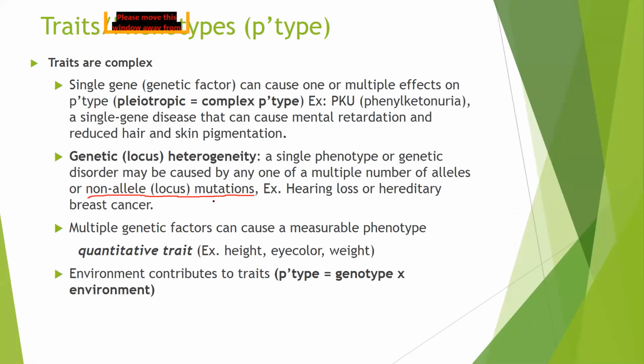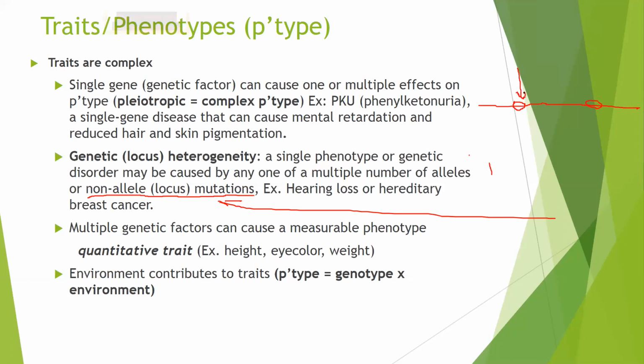When we talk about non-allelic mutation, here we are talking about more than one gene. So this is a chromosome. There's one gene at this locus, there's another gene at this locus. So the disease may be caused by the mutation in two genes. So this is genetic heterogeneity.